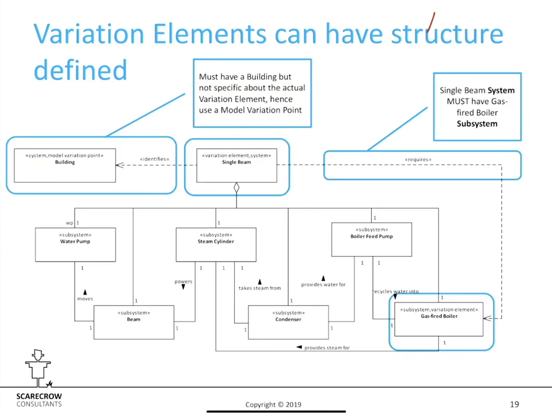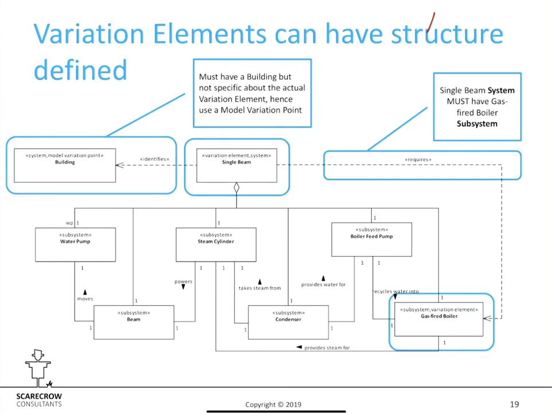We can also relate at a sort of abstract level. We can relate bits of our system to model variation points. So what this is saying is the single beam system has to exist in a building. It has a model variation point associated with it of building, but we haven't used a variation element for the building, which would be defining a specific type of building.